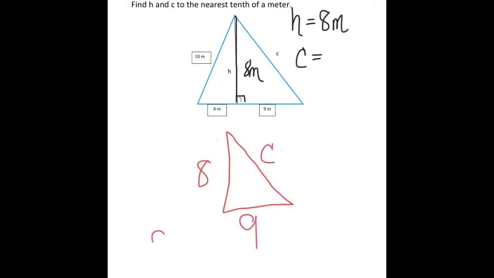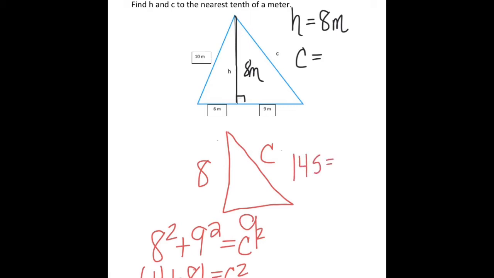So that would fit into 8 squared, one leg, plus 9 squared, the other leg, equals the hypotenuse squared. So 8 squared is 64, plus 9 squared, which is 81, equals c squared. 64 and 81 is 145, equals c squared. I need to take the square root of both sides.